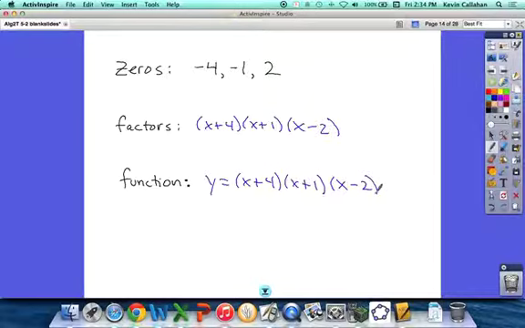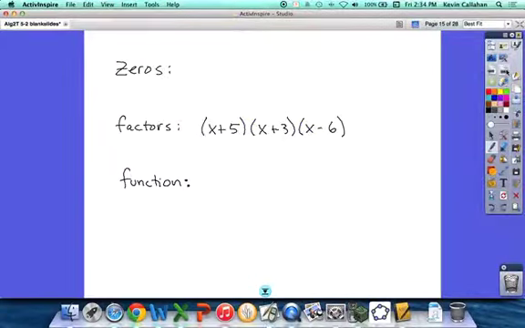Good? Okay, what if you have the factors? How can I determine the zeros? Good. Okay, and then what would the function be? Okay, good.